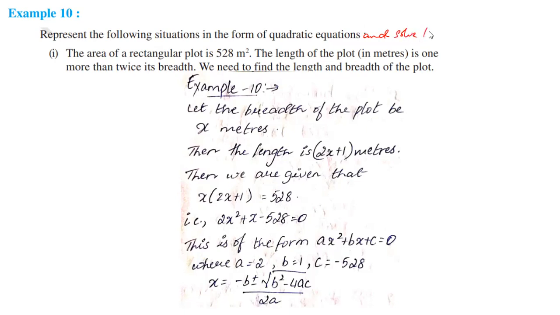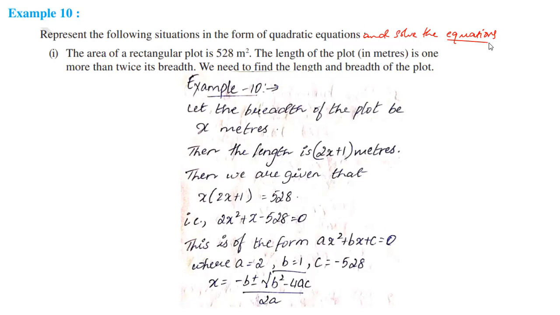Area of a rectangular plot is 528 meters square. The length of the plot in meters is one more than twice its breadth. Find the length and breadth of the plot.